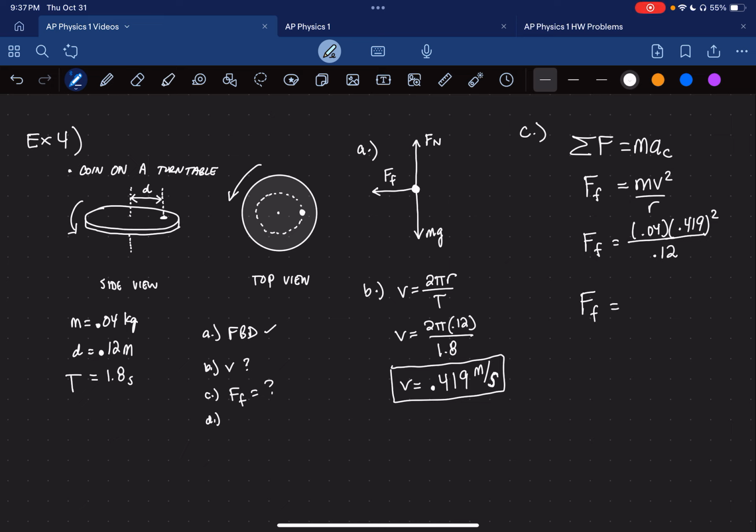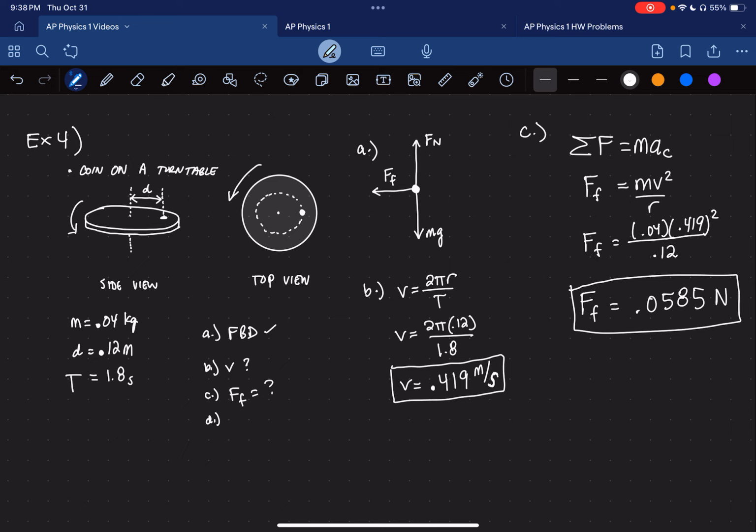Let me calculate that again. Well, I'm going to say this gives me 0.0585 newtons of force. 0.0585, yeah. That's the friction force.